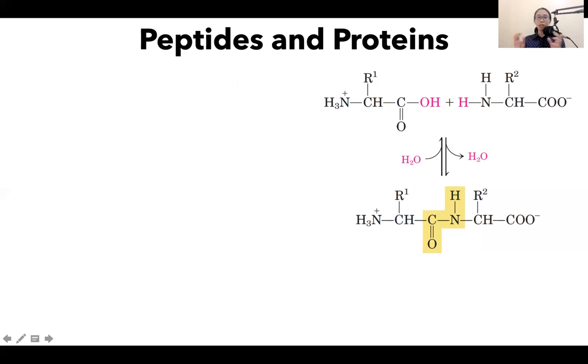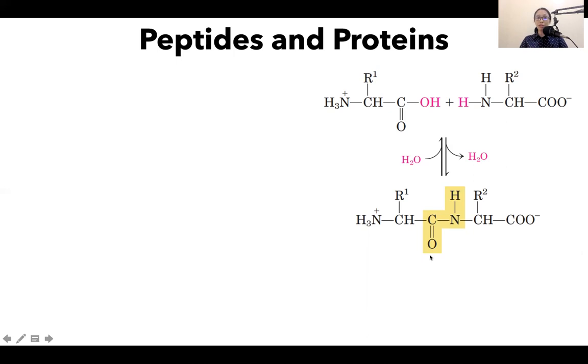So it's a condensation reaction because the two molecules come together. In the process, one molecule of water is released. And we form what we call a peptide bond, which is highlighted in yellow here.